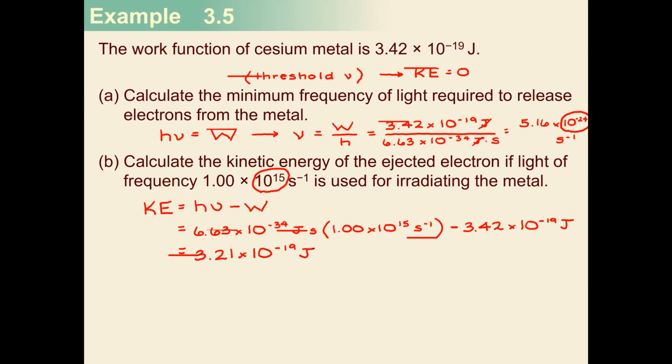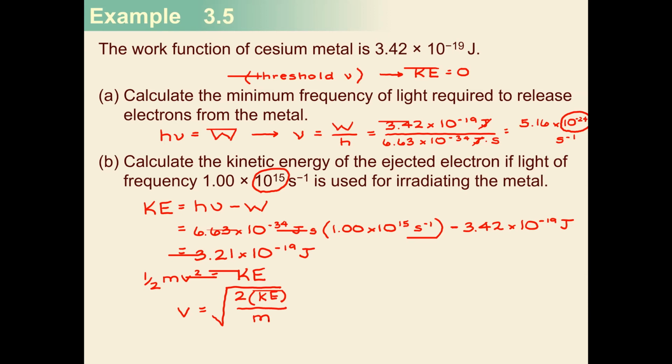So what does this mean? Well, remember that our kinetic energy is equal to 1/2 mv squared. So if I look at this, I can have 1/2 mv squared equal to my kinetic energy. So this means that my velocity of an electron is equal to the square root of 2 times my kinetic energy divided by the mass of the electron.